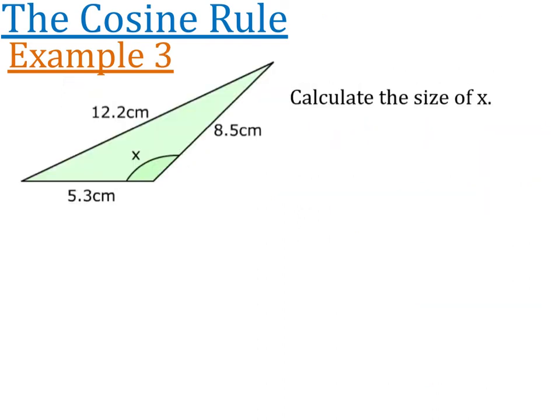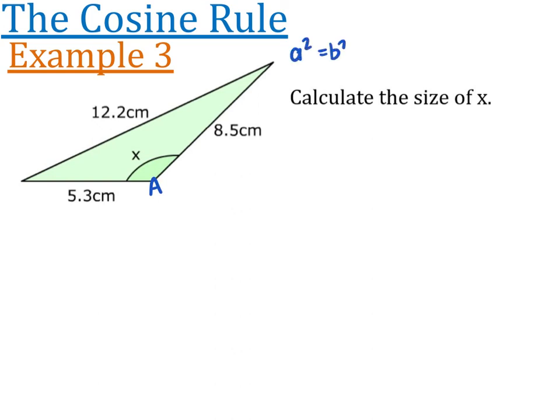Okay, so this last example is exactly what I was trying to explain briefly at the end of my last explanation. So I'm just going to run through this again. We're looking to find angle X, which is, I'm going to call angle A here. I'm going to write down my formula.